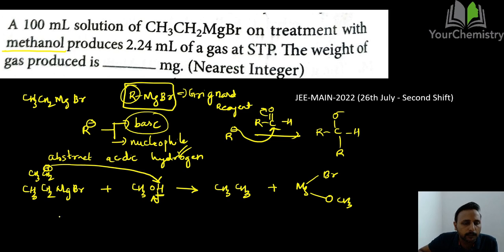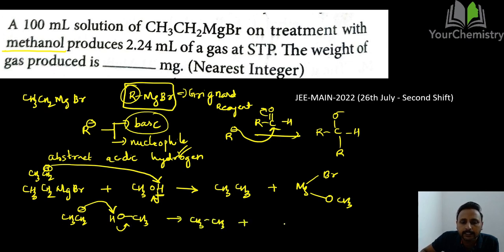The simple point is that CH3CH2 minus just came and took the hydrogen from the methanol and changed into CH3CH3, and the O minus CH3 just combined with the magnesium.